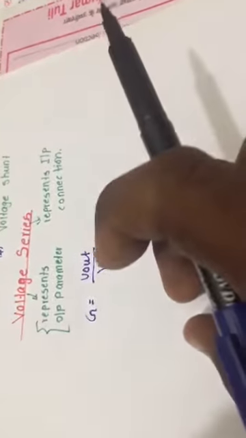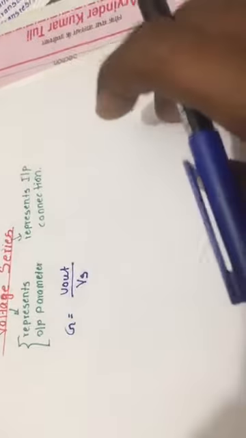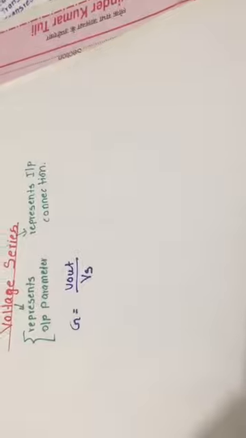So you also have to memorize one rule: whenever the input connection is in series, the parameter is voltage, and whenever the output connection is shunt, the parameter is also voltage.